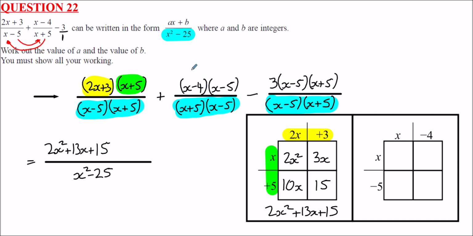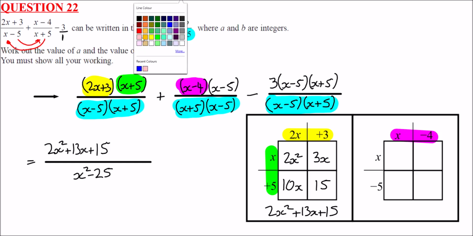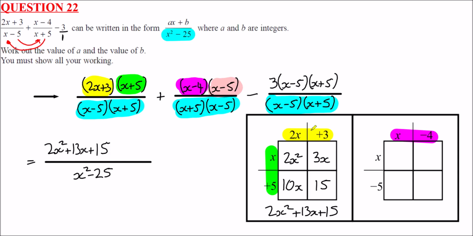This one here, we have x minus 4 multiplied by x plus 5. Sorry, x minus 5. Need to read carefully. So step by step, x multiplied by x is x squared. x multiplied by minus 4 is minus 4x. x multiplied by minus 5 gives minus 5x.